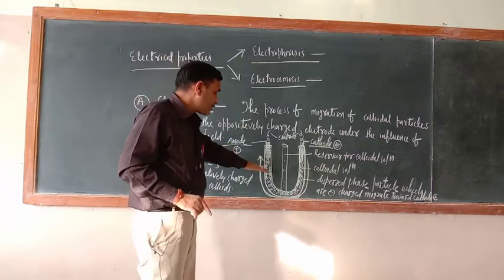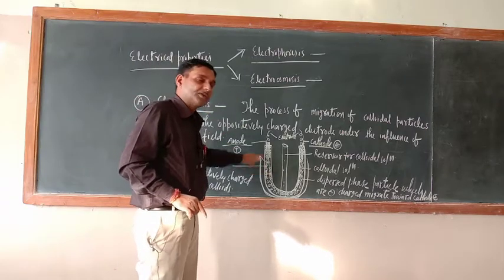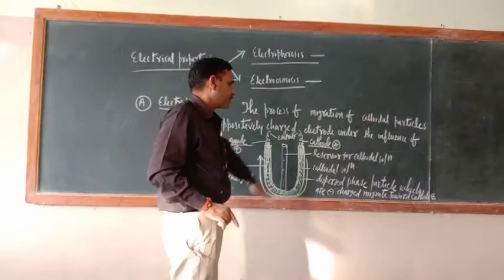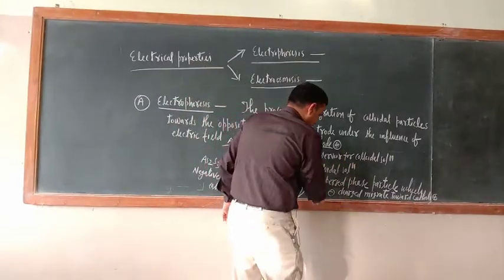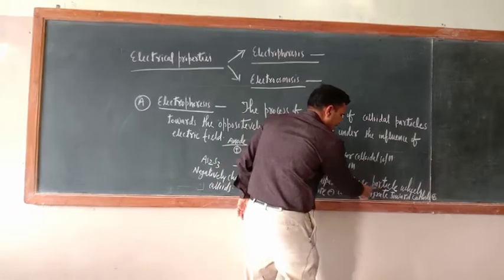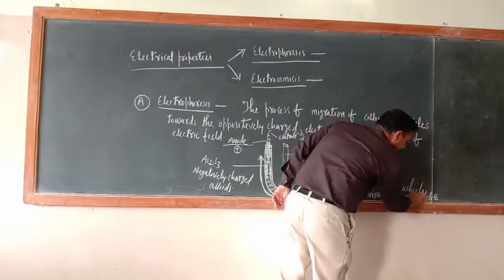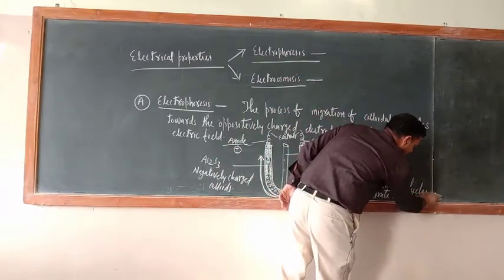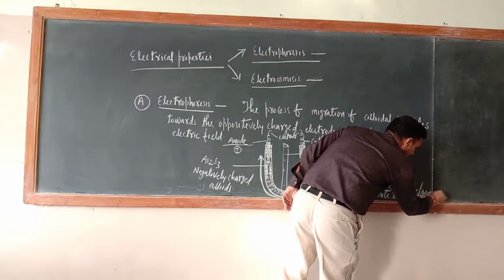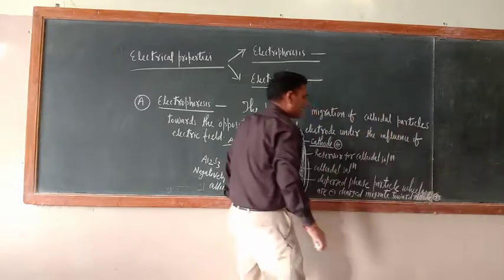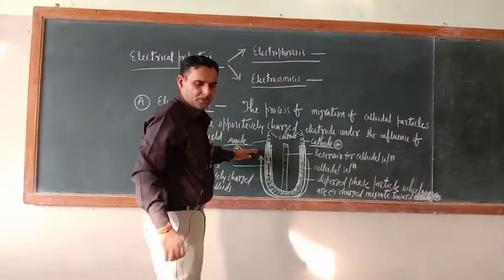A positively charged sol would migrate toward the cathode. Dispersed phase particles which are negatively charged migrate towards the anode, which is positive.